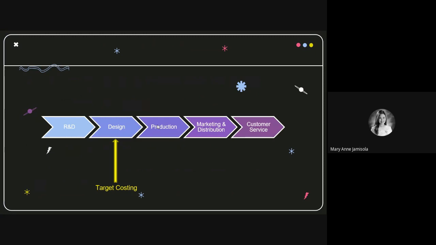So let's say you want to earn a profit of 300 pesos. So therefore, your target cost is 200. What does this mean? It means that in producing this particular product, you must only incur 200 pesos in order for you to get your desired profit of 300 pesos. Okay? So target costing is a very useful way to manage the needed trade-off between increased functionality and higher cost.